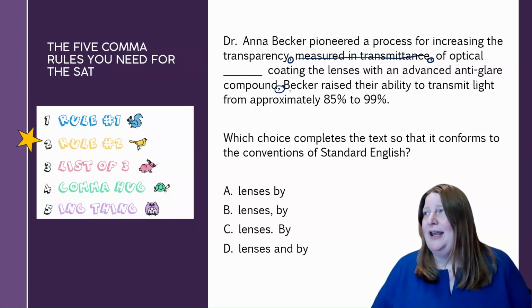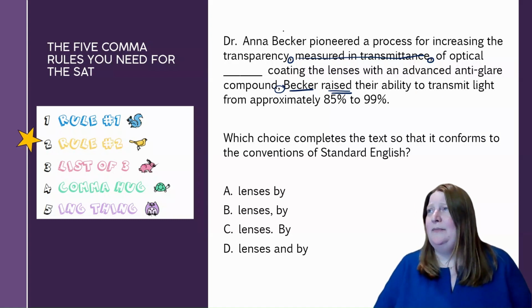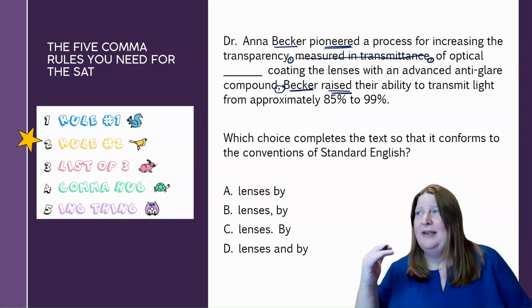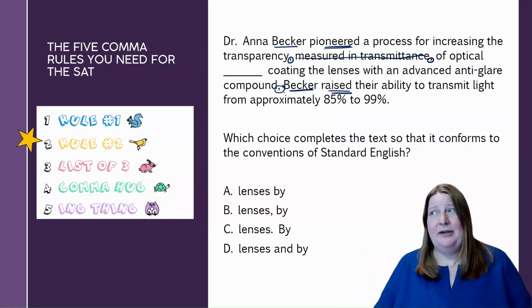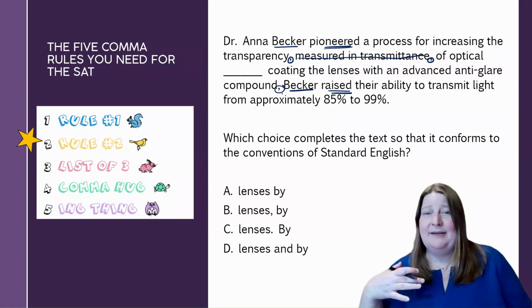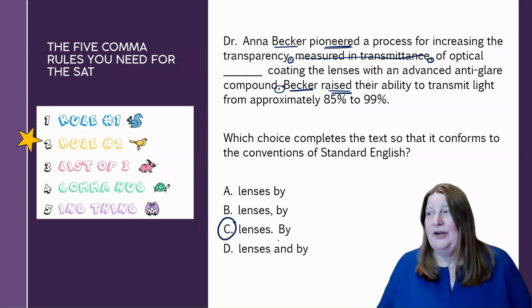If I keep going, "Becker raised their ability to transmit light from 85 to 99%," well, we've got Dr. Becker pioneered. Right, we have 2 independent clauses with a comma in between them. That is no good. I would need a period there. I can't put a period here though, because that's not the part of the sentence I'm allowed to change. So I better put it over there.